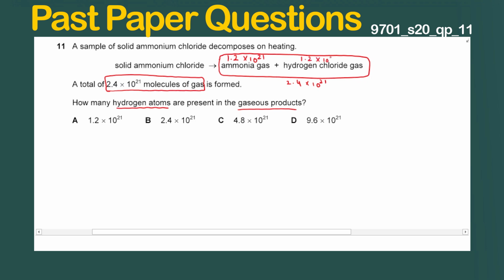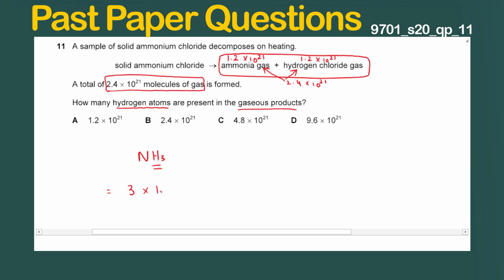So ammonia gas contains 1.2 into 10 raised to the power 21 molecules. Hydrogen chloride gas also contains the same number of molecules. But we have to find out the hydrogen atoms.